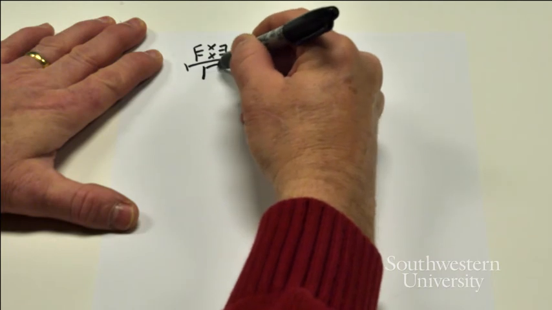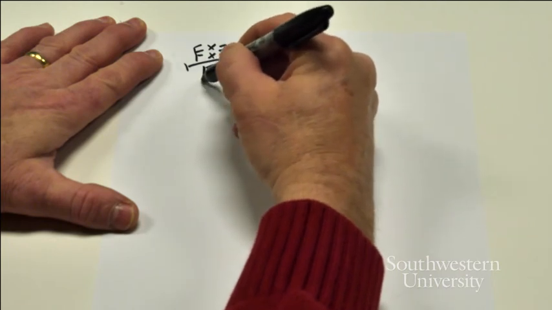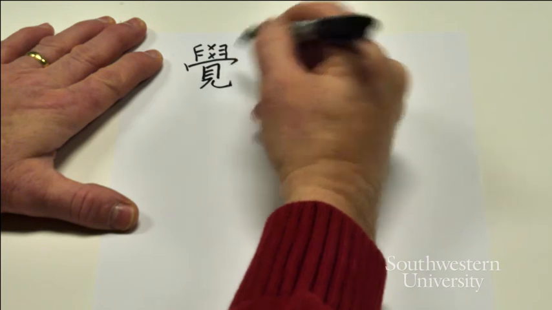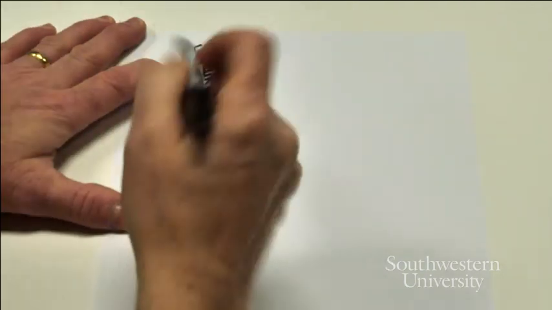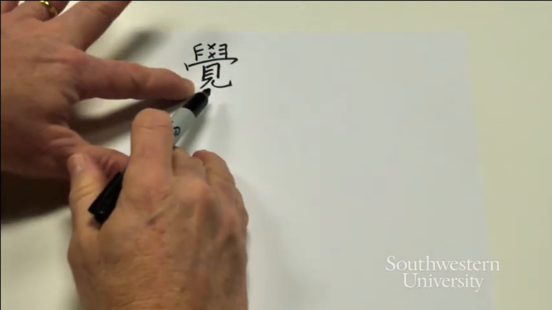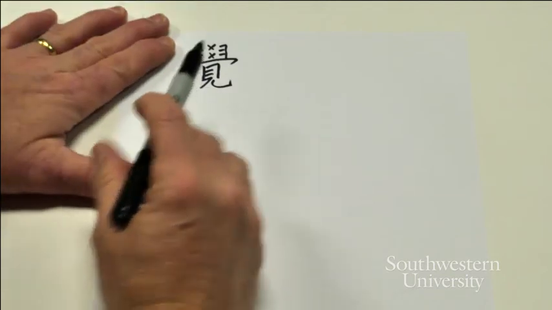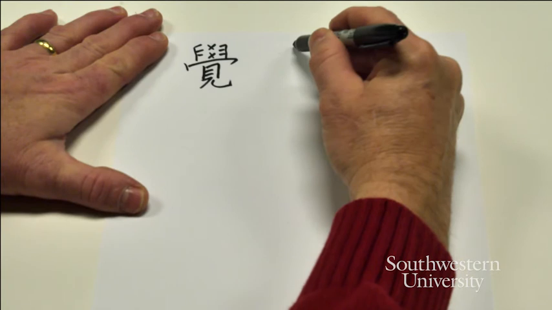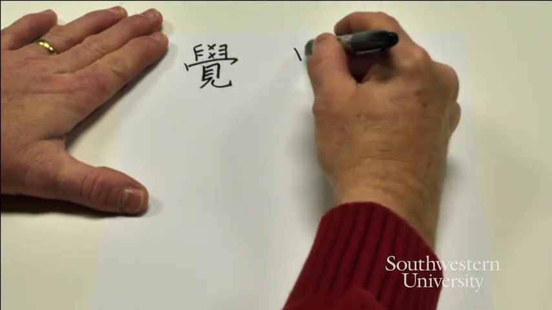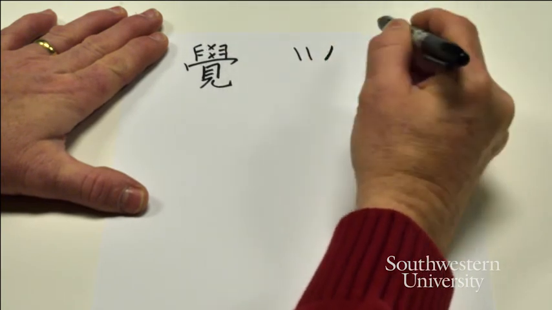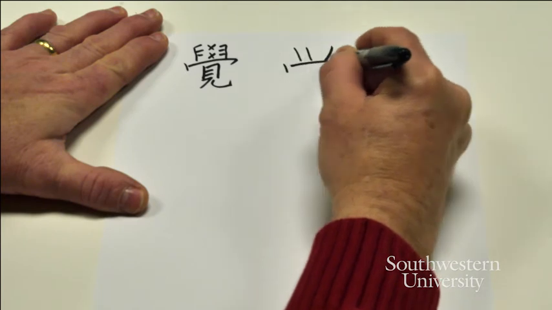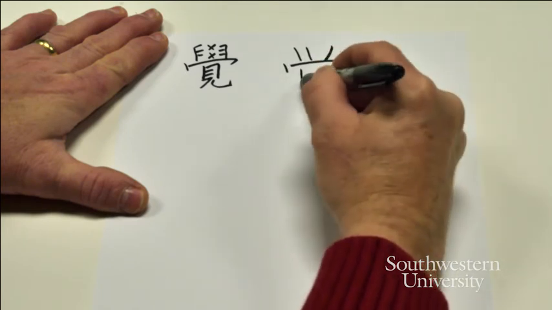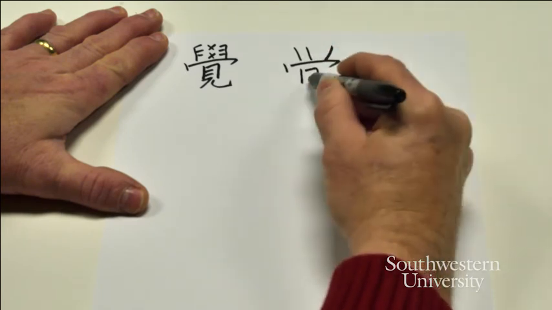And then the bottom part is to see, jian. This is the traditional character. So to sense or to feel, and using sight as one of the senses. So in simplified form, the top part is just simplified into 3 lines. And then you have the cover, and then the simplified form of jian, to see.